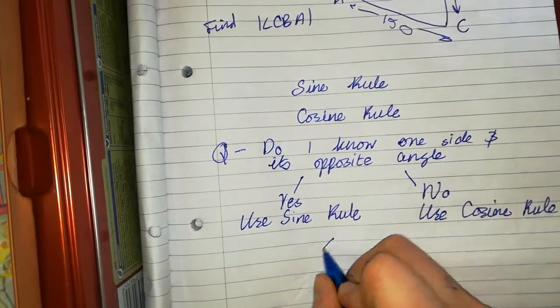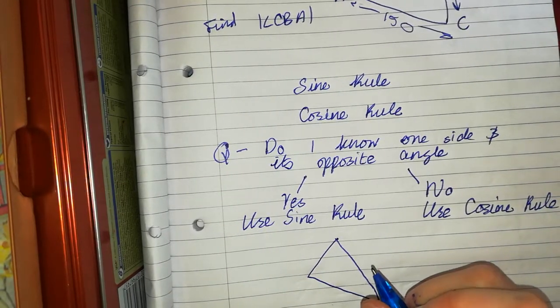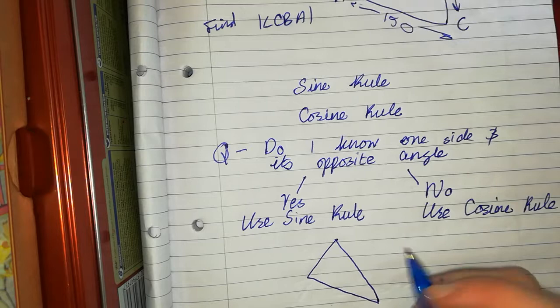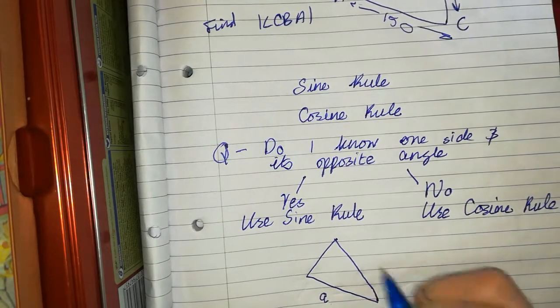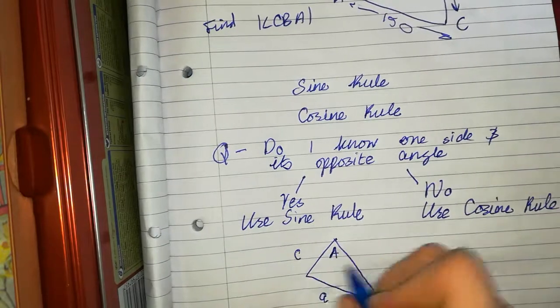The diagram that they give us is on page 16 of the formula and tables. Say we have a triangle here.